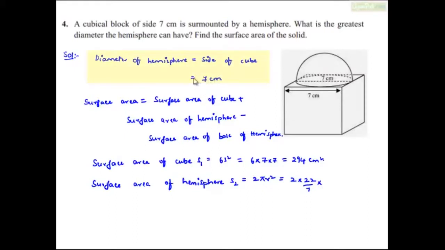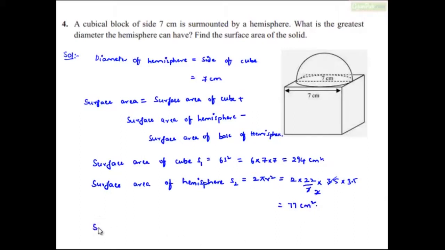Therefore the radius will be half times the diameter, that is 3.5 centimeters. So that will be 3.5 into 3.5. 3.5 goes in 7 2 times and 2 goes into 22 11 times. So now we are left with 22 times 3.5, which is equal to 77 centimeters square.